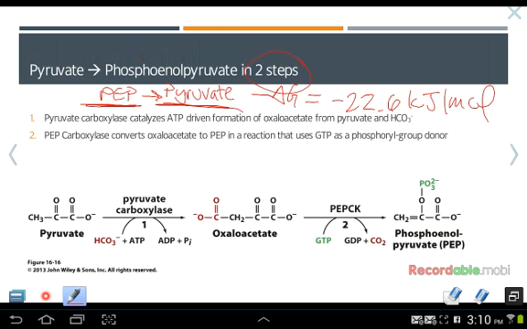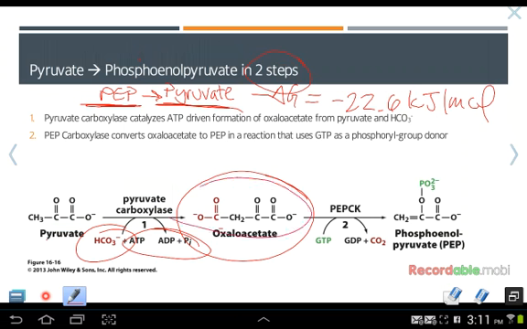So to go backwards from pyruvate to PEP, we must first make a high energy intermediate molecule, which is this oxaloacetate. By doing this carboxylation reaction, we have to couple it with ATP dephosphorylation in order to add an HCO3 molecule, or what ends up becoming a CO2 unit, onto pyruvate to make oxaloacetate.